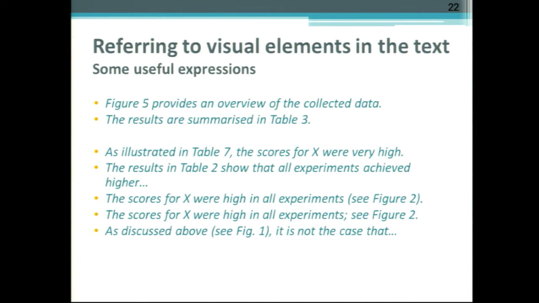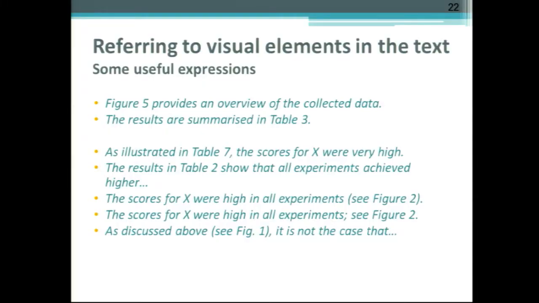So, as illustrated in table 7, the scores for X were very high. That has a highlight included in it, right? The results in table 2 show that all experiments achieved higher blah, blah, blah. The scores were high in all experiments (see figure 2). That's a very concise way of both locating the information and saying what is most interesting about it.